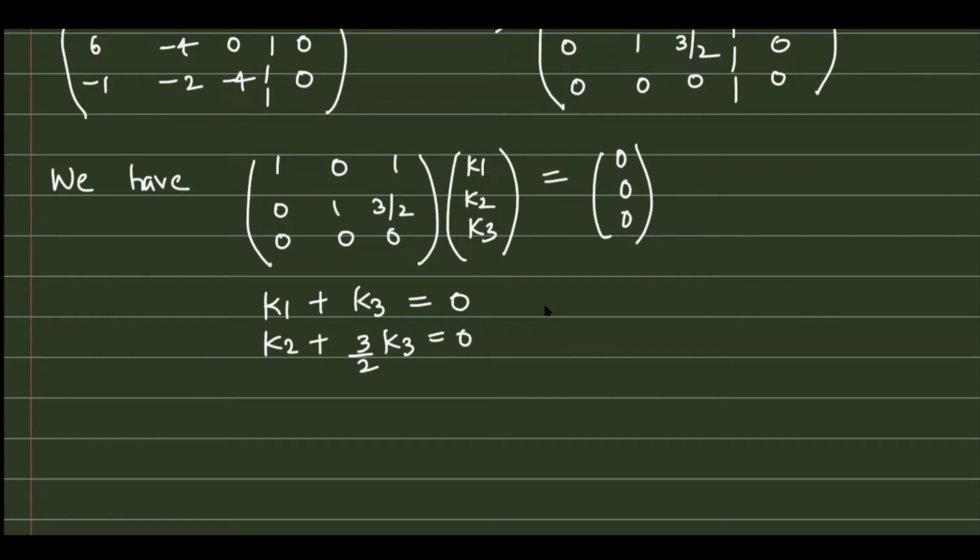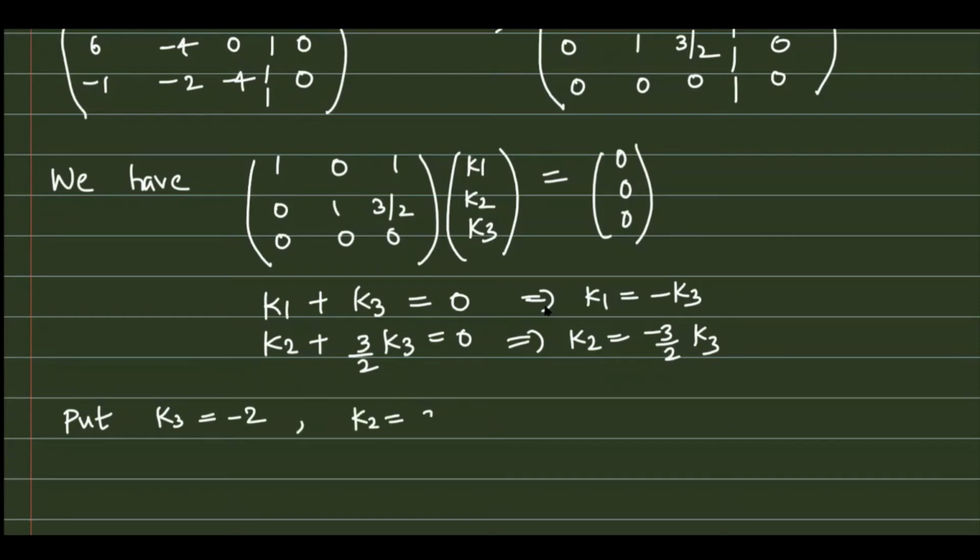So again we have two equations and three unknowns. So we can give any value for K3. From the second equation we will get K2 equal to minus 3 by 2 K3. And from the first equation we will get K1 equal to minus K3. Now suppose I put K3 equal to minus 2, then I will get K2 equal to 3 and K1 equal to 2.